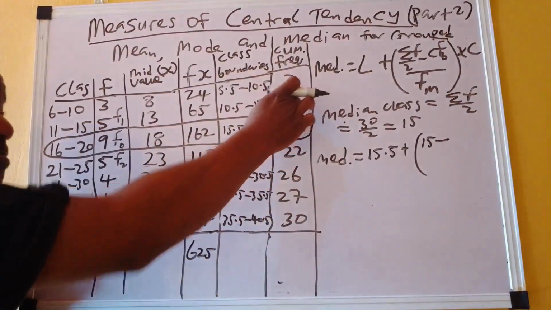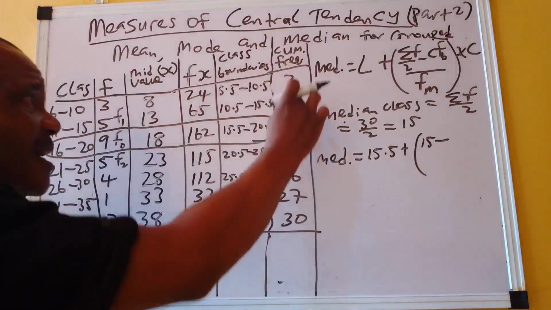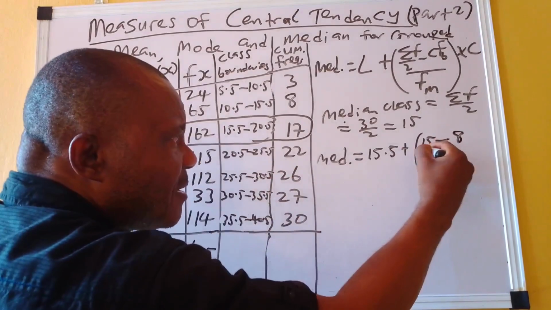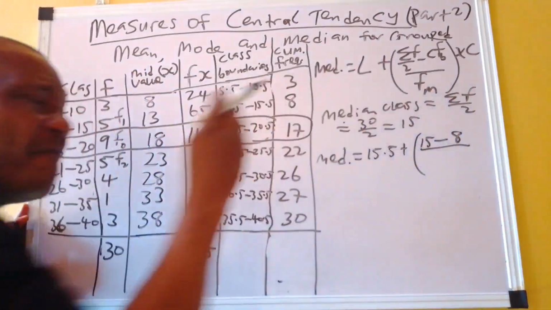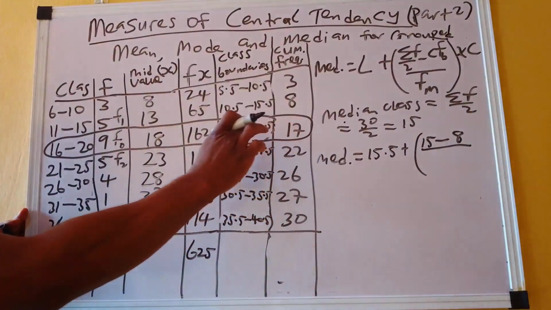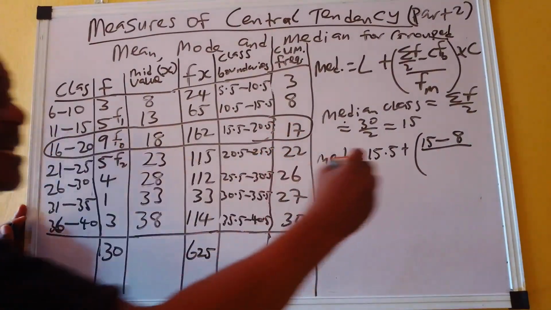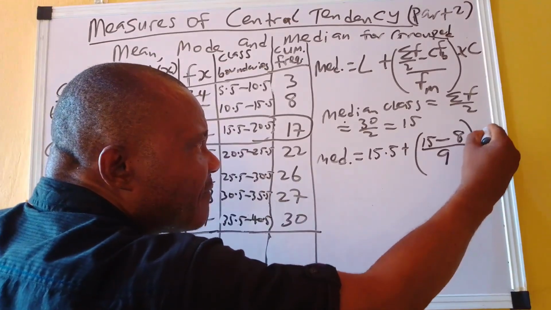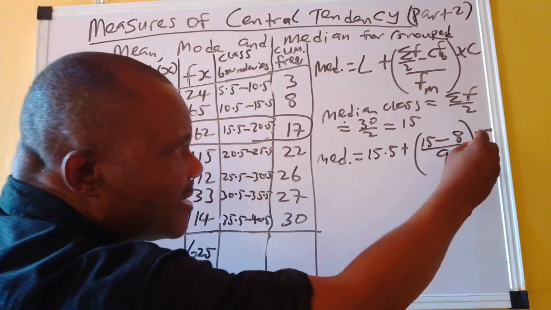The cumulative frequency before the median class is 8. So 15 minus 8, all over Fm, which means the frequency of the median class. This is the median class, and that frequency is 9. Then times 5. Our class width is 5, which is C.